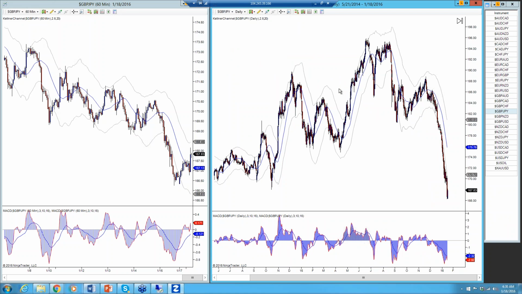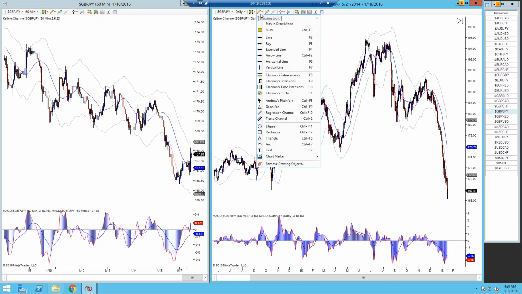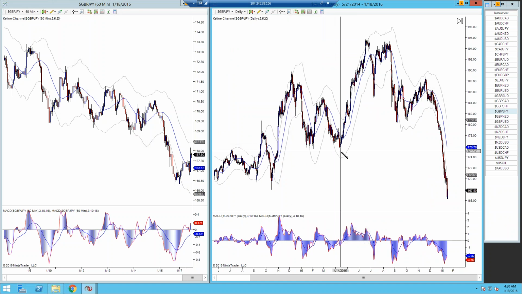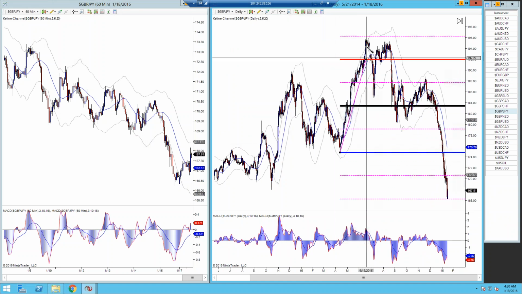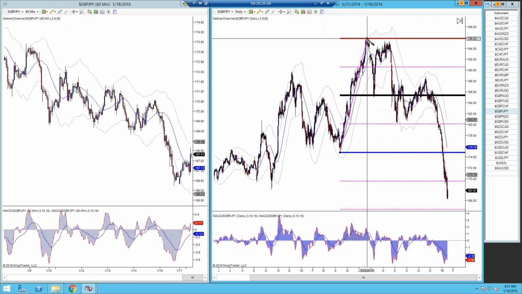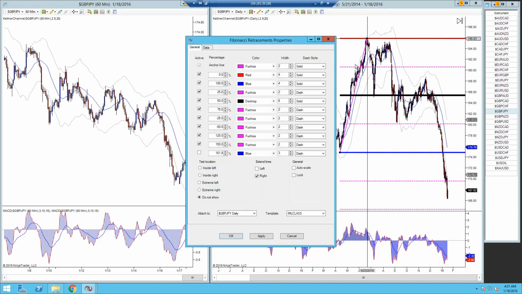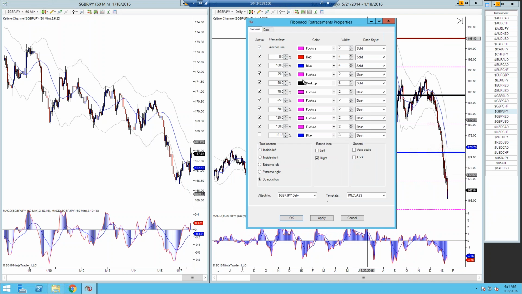Right here, you take the Fibonacci. Okay, this is called the butterfly pattern.